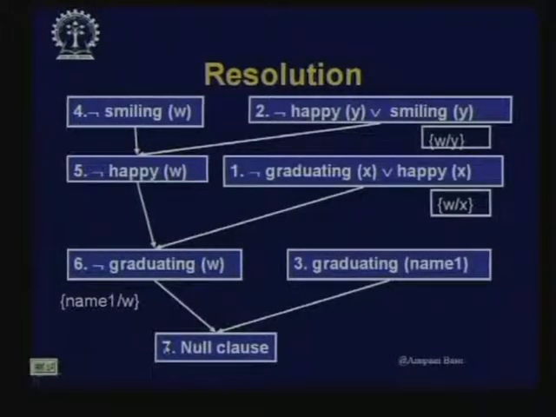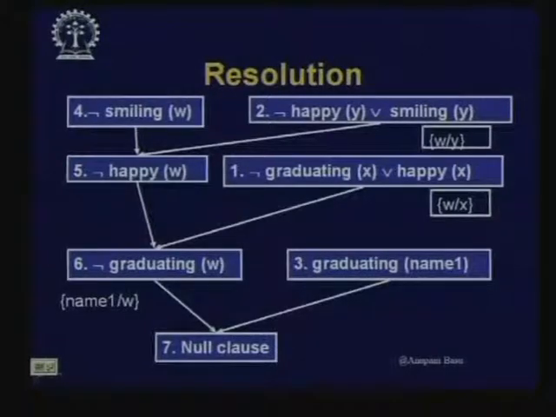So, you just quickly see what is the major difference between these two: resolution in propositional logic, and resolution in predicate logic. The problem is that here we have got variables, so we had to take some extra pain in order to convert them into clausal form.